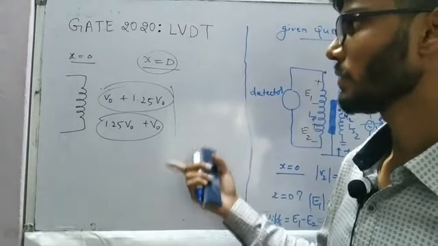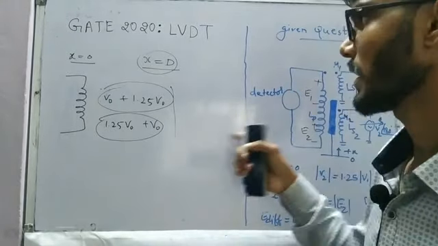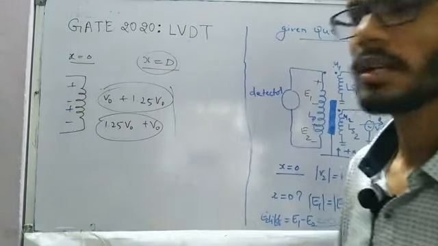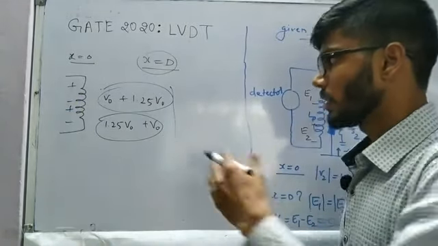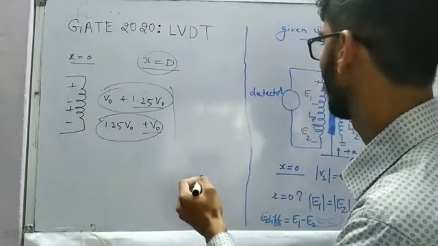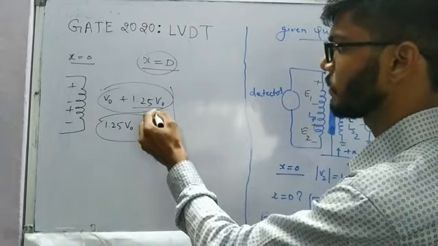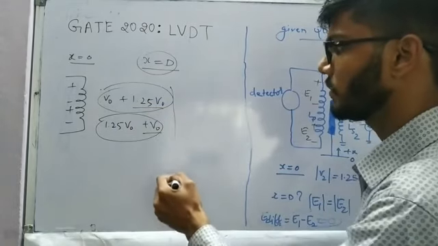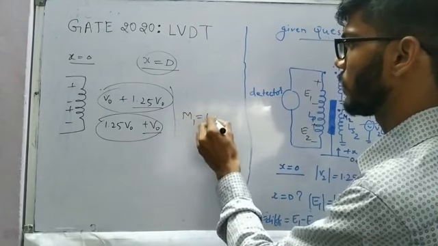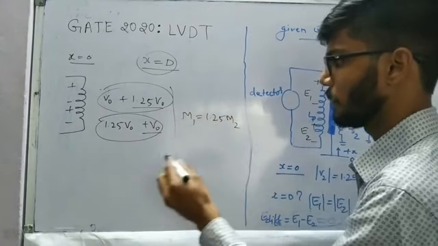And now due to the 180 degree phase difference, if the detector feels the addition on this particular coil, it is going to be 0. So from this we can clearly see that the change due to the mutual inductance is going to be 1.25 times the change in the secondary one. So M1 has to be 1.25 times M2.